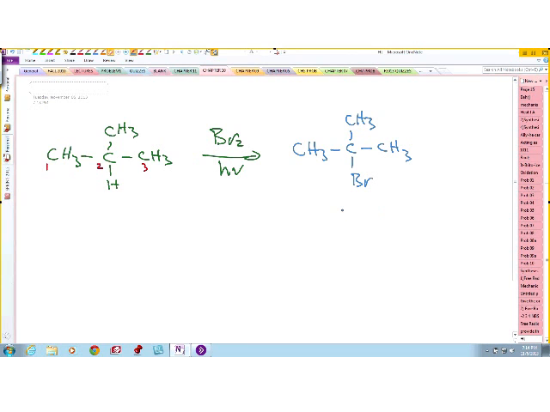Okay, so now we have given you 2 sets of free radical reactions, with halogenation and then with NBS. Now let us give you the third synthetic method for organohalides.